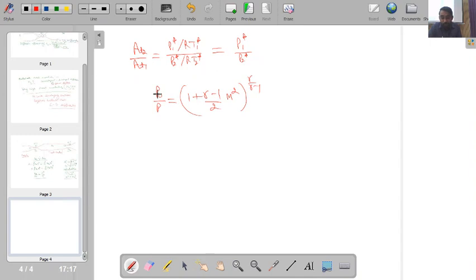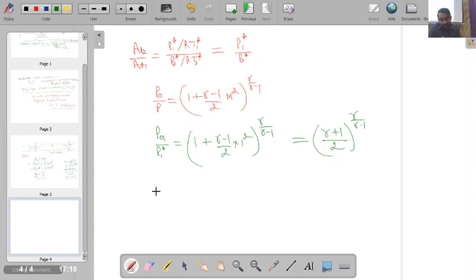So if I have to calculate stagnation pressure corresponding to the two throats, for the first throat, I can say that P01 divided by P1 star will be equal to 1 plus gamma minus 1 by 2 into 1 squared, because at the throat Mach number is 1, whole power gamma by gamma minus 1. If you calculate this, it comes out to be gamma plus 1 by 2, whole power gamma by gamma minus 1.